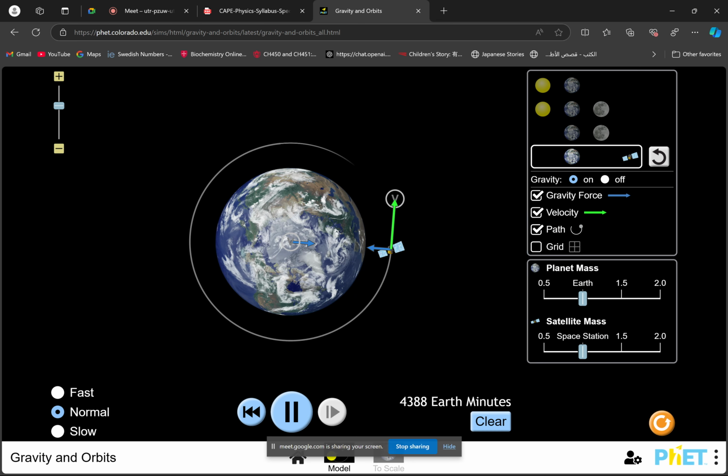The object is actually falling continuously towards the Earth, but because of its orbital speed or orbital velocity, it continues to miss the Earth, and it moves in this circular path. So really and truly, that is what we're here to cover. That is the end of motion.